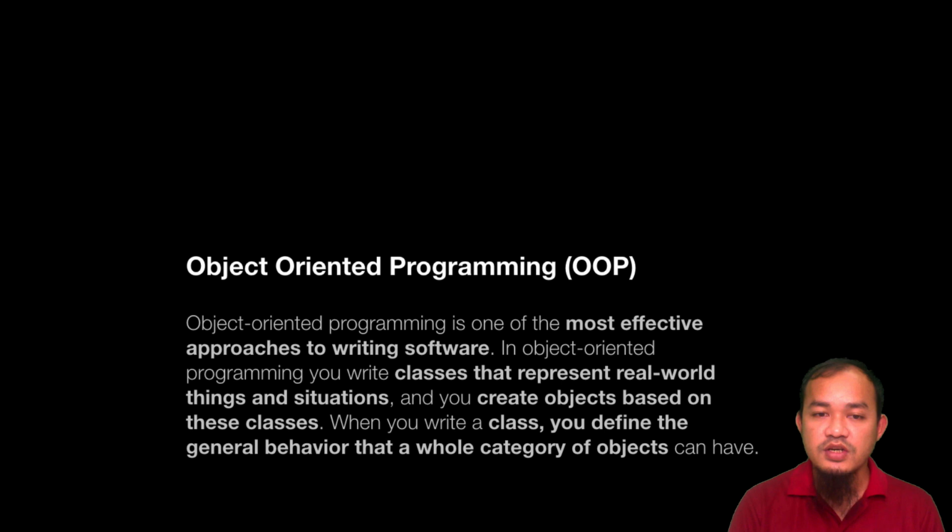A class can be seen as a blueprint or prototype of the object, and the object implements the class. A class consists of the class name, class properties, and class functions, or class methods.